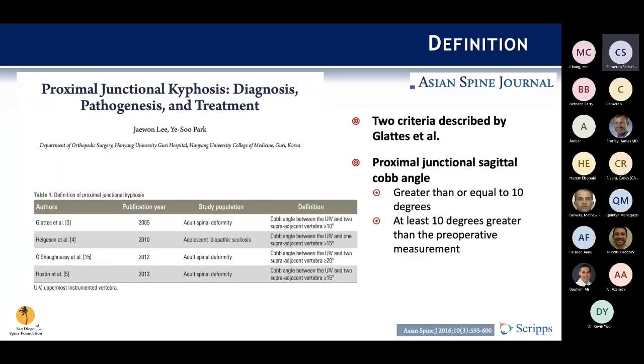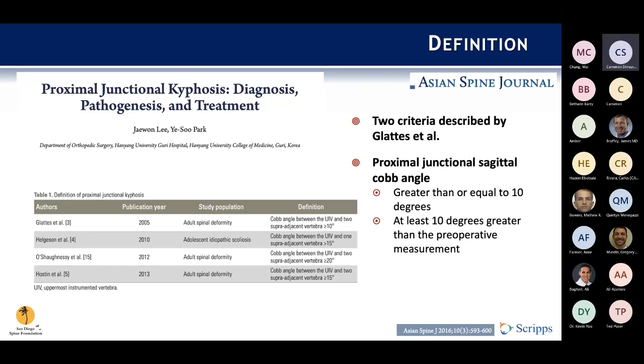When this was being defined, different articles were looking at this, and this is a review article from Korea, published in 2016. Although we had some clear definitions there previously, the one that we talk about comes from Glattes. I don't know if I'm pronouncing that correctly.